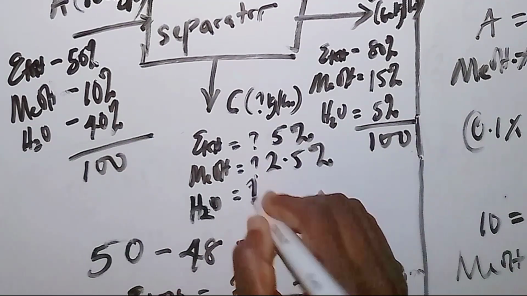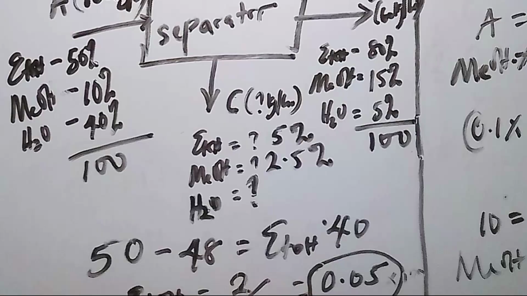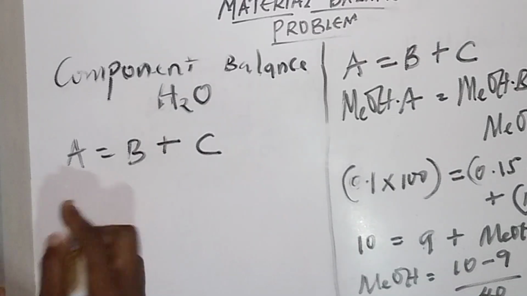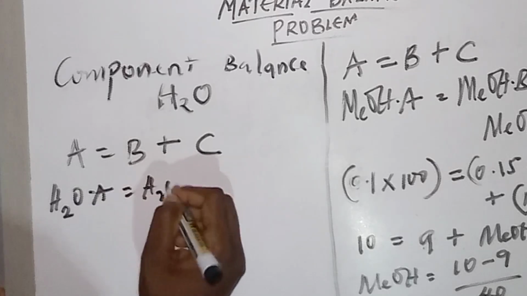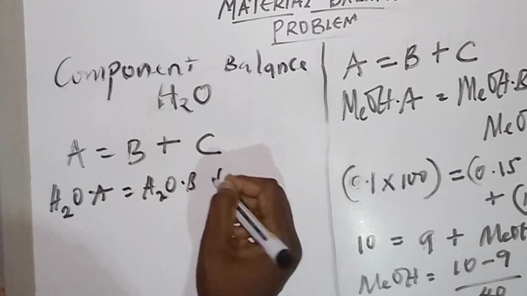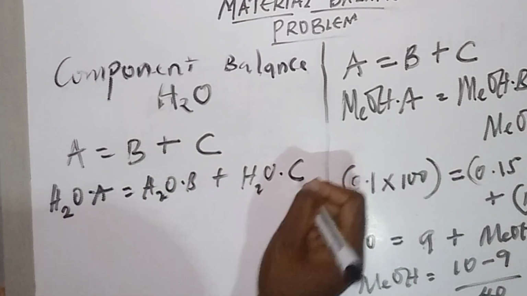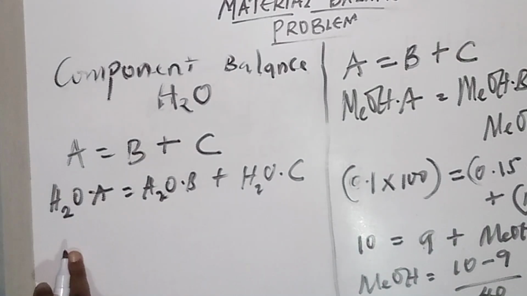So the last one, which is water: the component balance for water. We can say H2O in A is equal to H2O in B plus H2O in C. The composition of water in A is 40%, and I want to express it as a fraction.